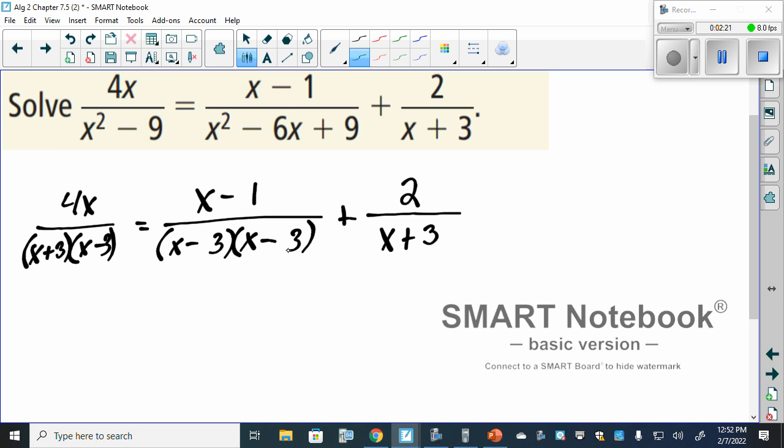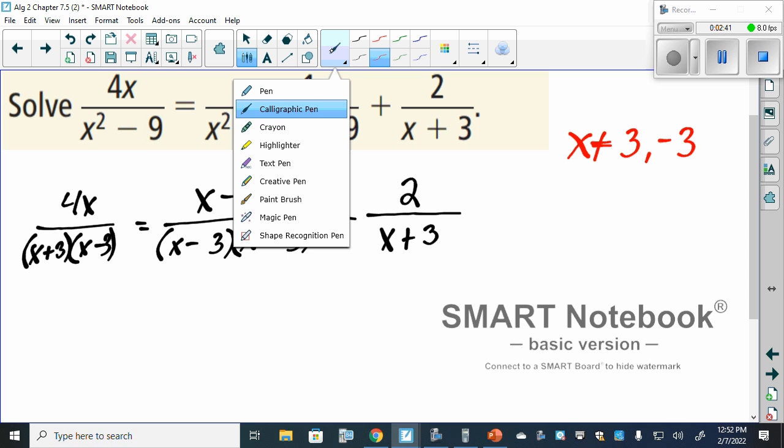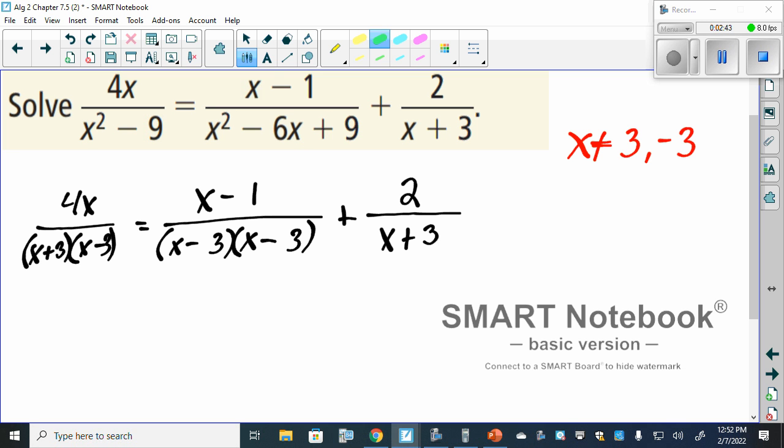So we needed to factor the three denominators to be able to figure out what the restrictions are, because the restrictions tell us what values of x we cannot have as solutions. One of the restrictions is 3 and negative 3. If x is 3, the x minus 3 spots would give us 0 in the denominator.